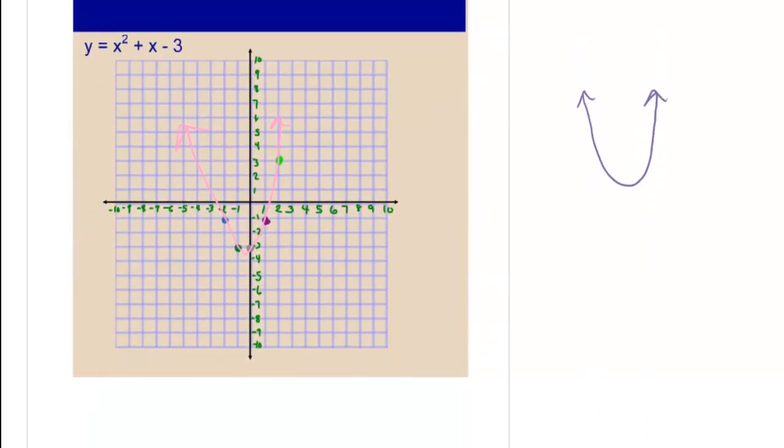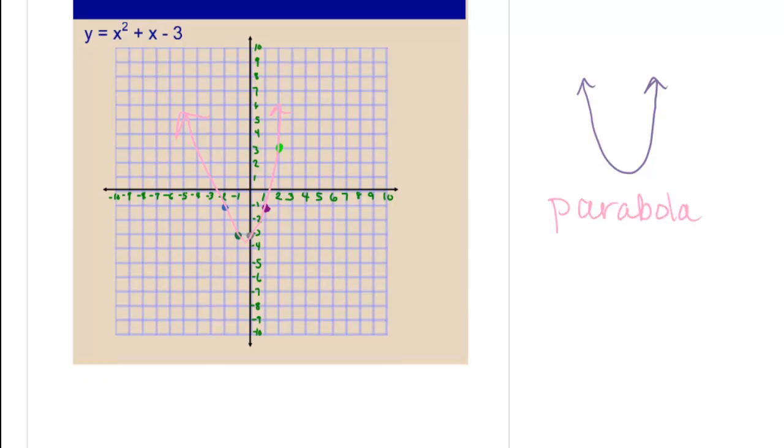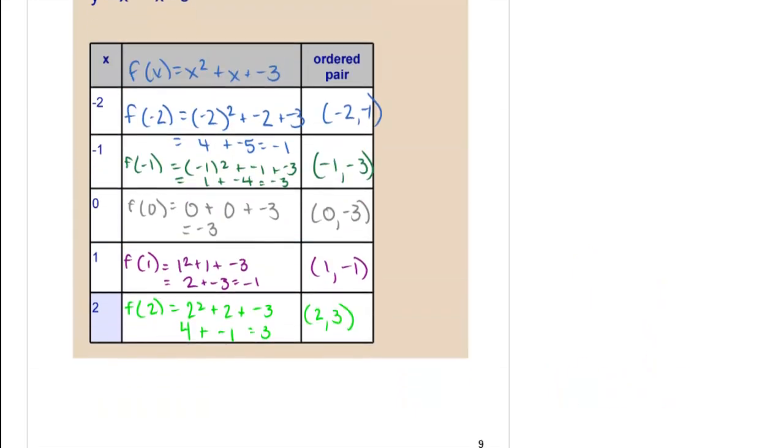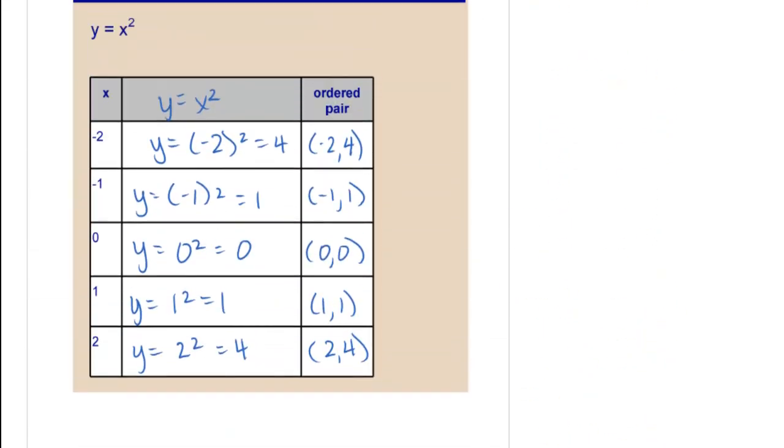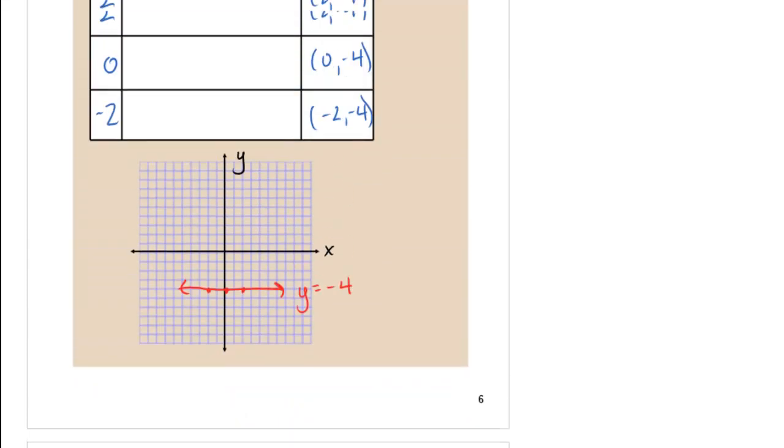And here's what your graph should look like. This is actually a parabola as well. And you'll learn later it is because it has the x squared in the equation. So again, tables can be used to graph any type of equation, and then you can use those ordered pairs to graph them.